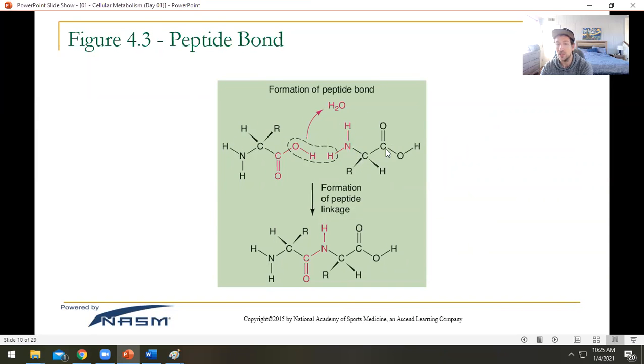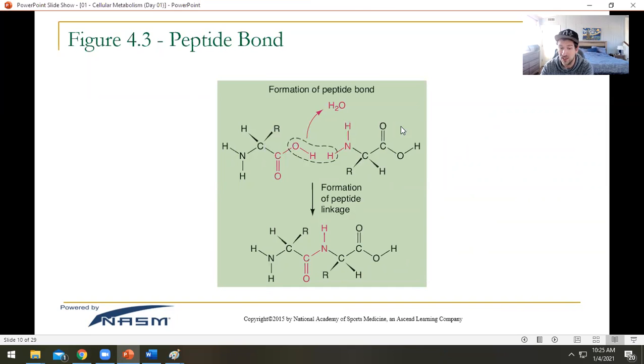So we've got two different amino acids here, and I want to link them together so I can make a new protein. Let's say I get cut on my cheek, and my body needs to make new skin right here. It's going to assemble amino acids in the shape of skin, all together to make up new skin cells.